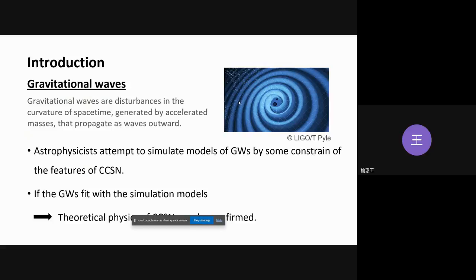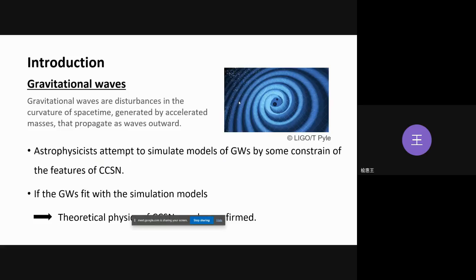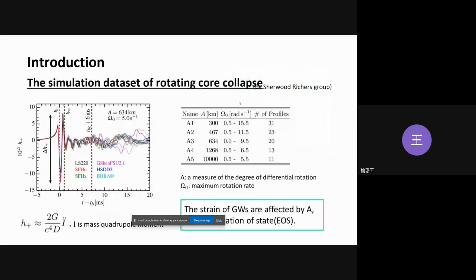If we can detect the gravitational wave, we can know the early stage of the core collapse. So astrophysicists attempt to simulate models of the gravitational wave using constraints from the features of core-collapse supernovae. So if we can, next page.